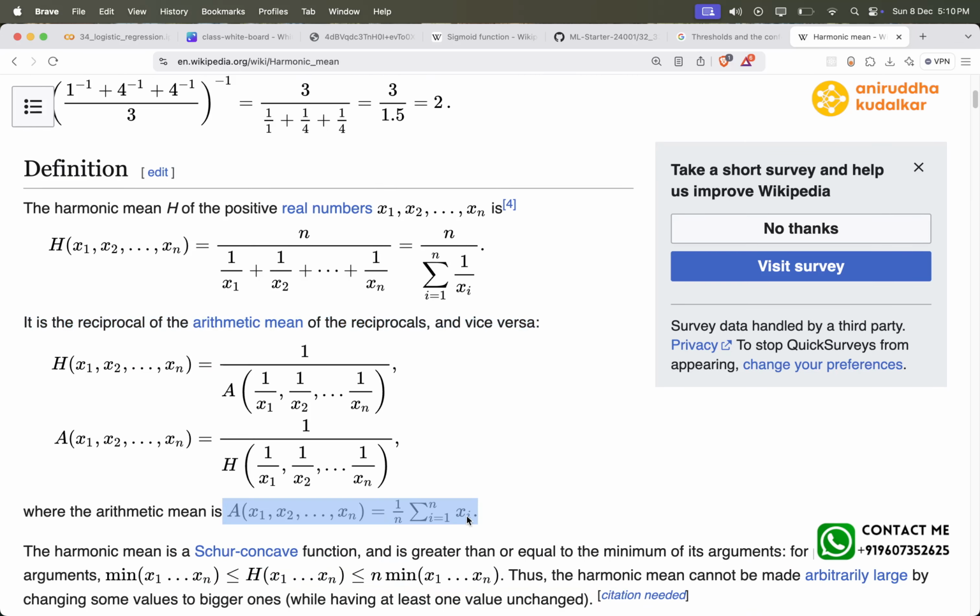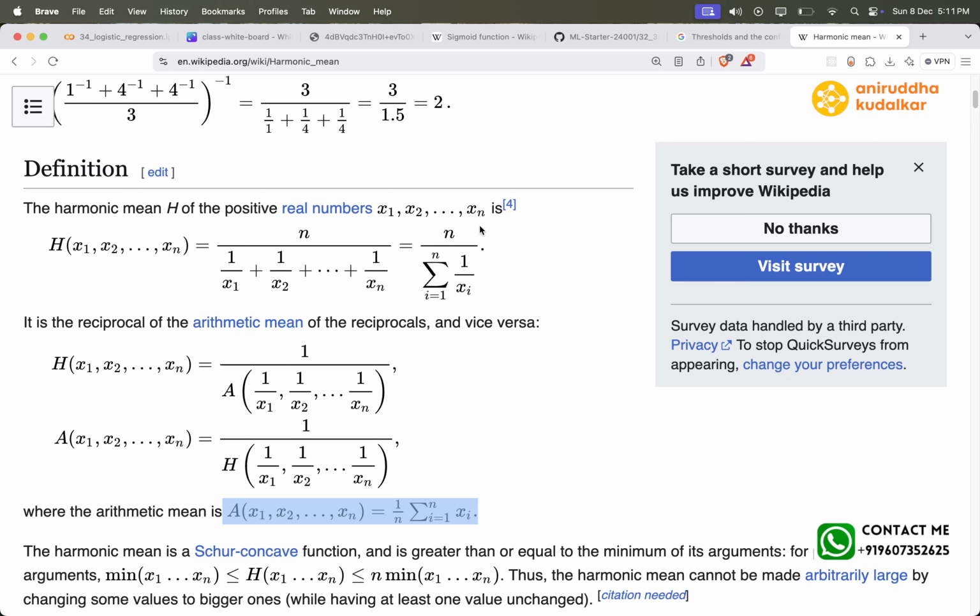So the arithmetic mean is this, and it is the reciprocal. That's why n goes to the top, n goes above, over the summation of all the recall and precision values.